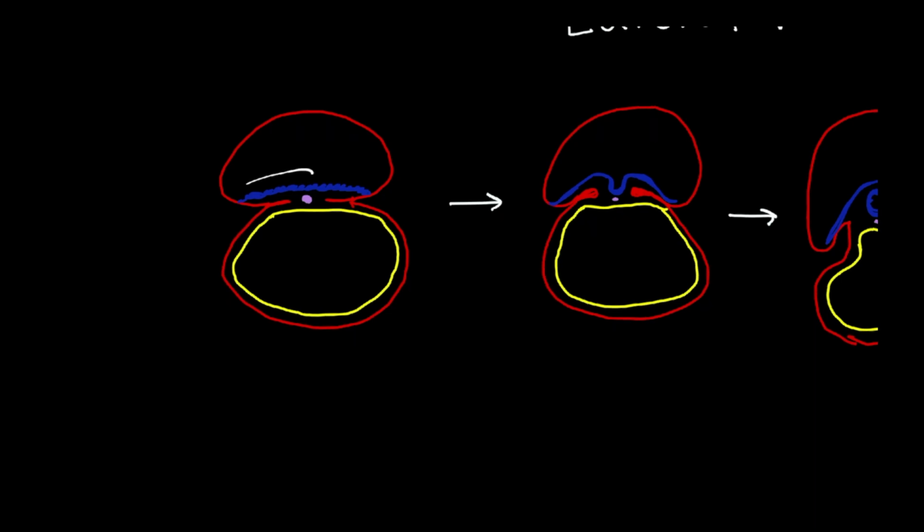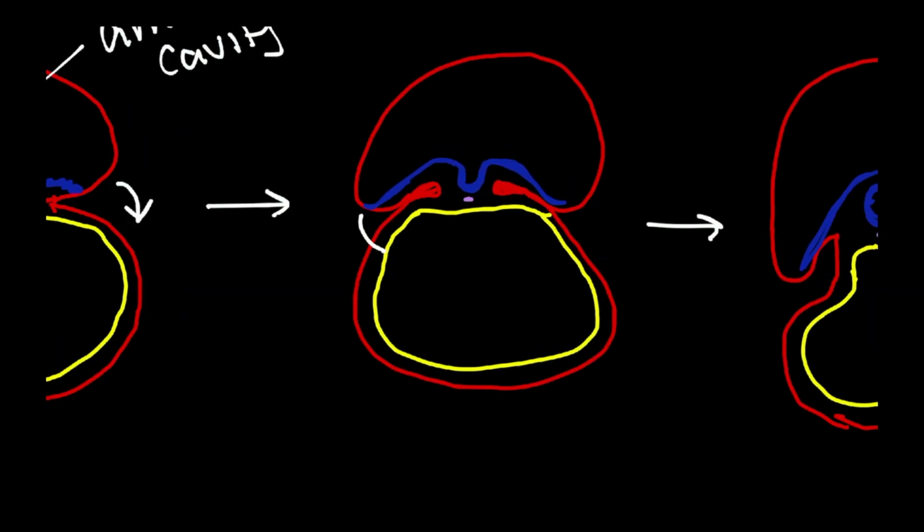In blue is the endoderm, notochord, and then here is that endoderm, and then this space here is the yolk sac. This is the amniotic cavity. And what will occur is the edges of the embryo will start to fold laterally.